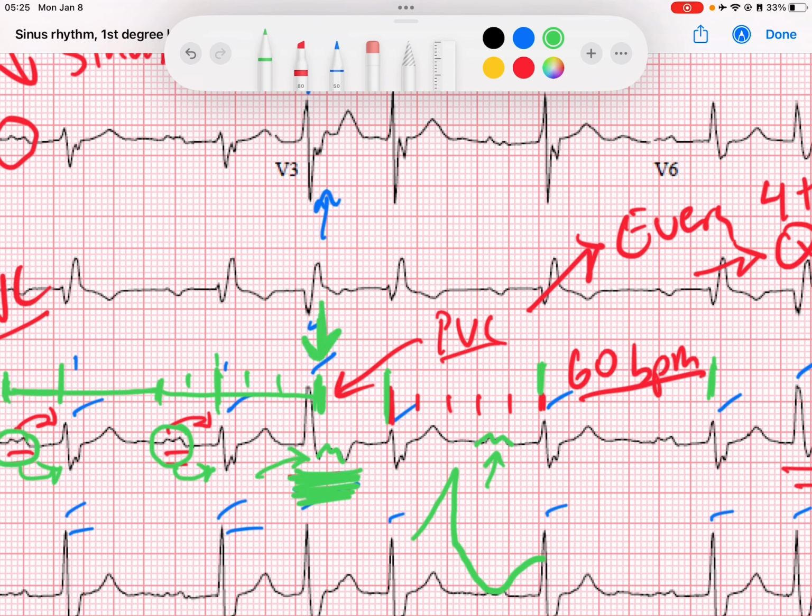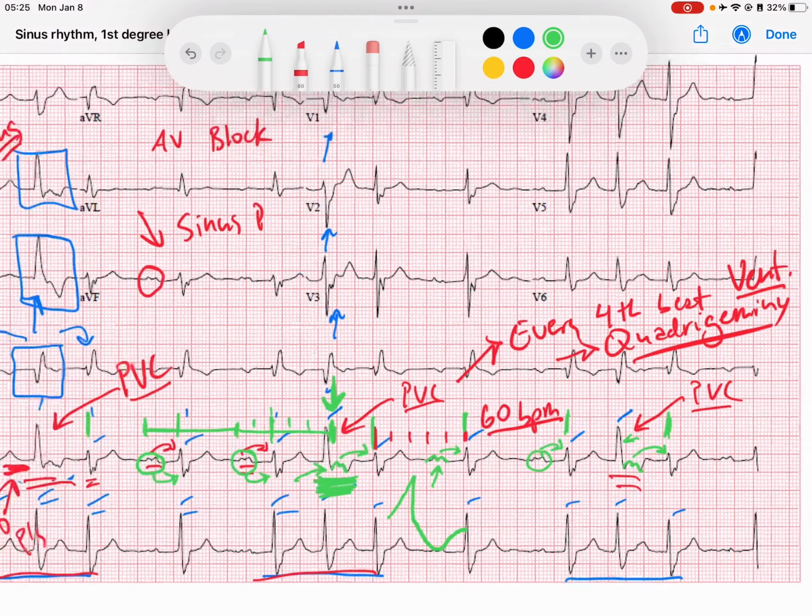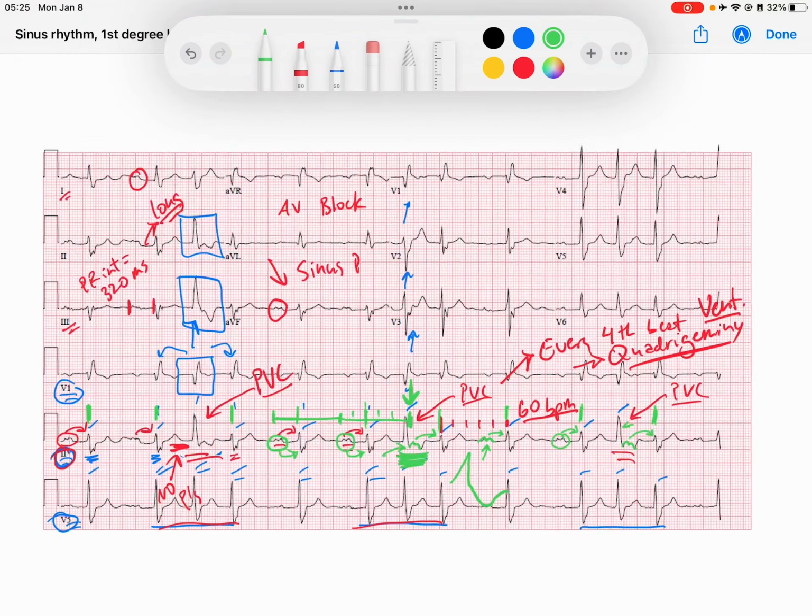Then I've got my P to my QRS. I've got P, QRS, and then this PVC here, but buried in that T wave is the next P that's conducting to this QRS. So what we're seeing is an underlying sinus rhythm with a first degree AV block, because every single P wave is conducting to a QRS.